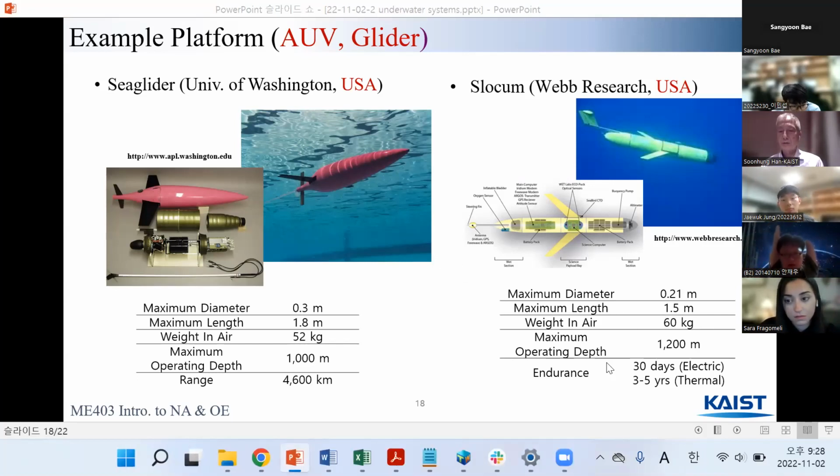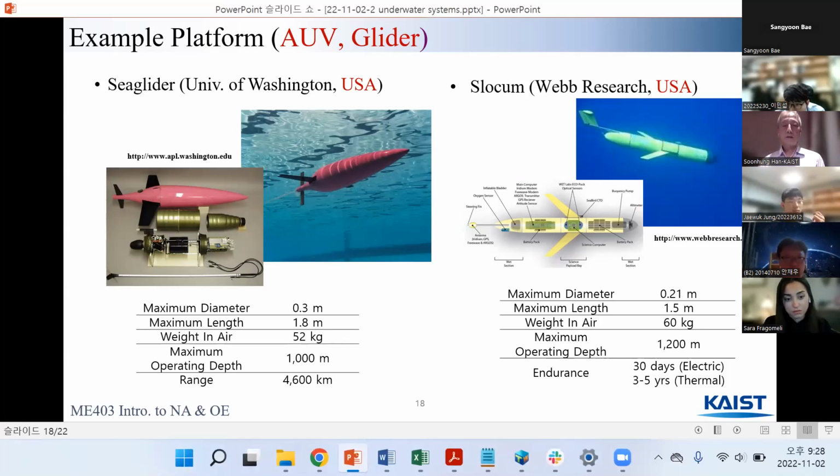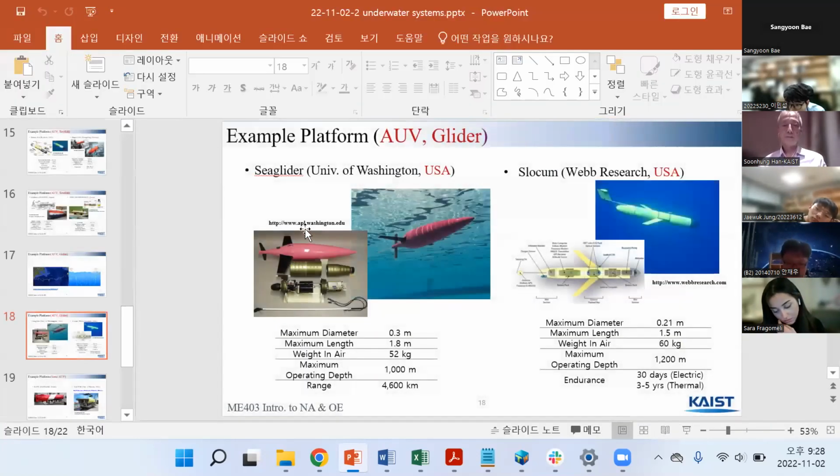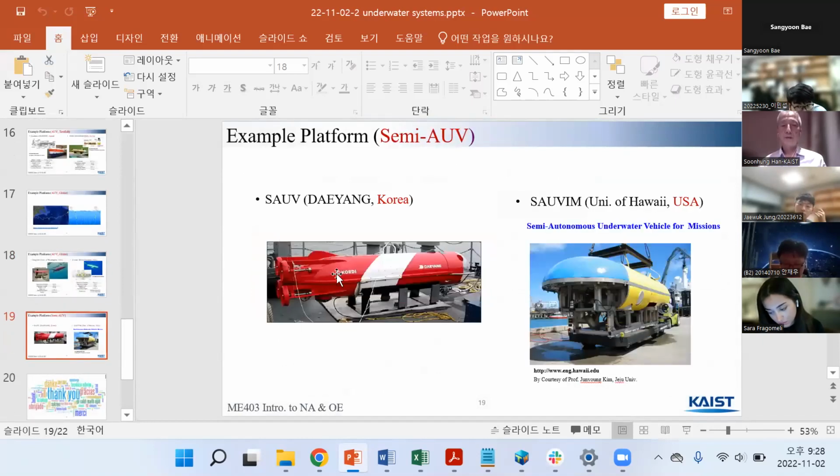Maximum operating depth is 1.2 kilometer and endurance 30 days, or sometimes it can be years. It's a long range. Right? And then the next one is about AUV glide, no, semi AUV, the hybrid type.